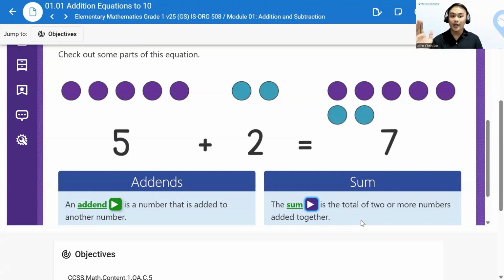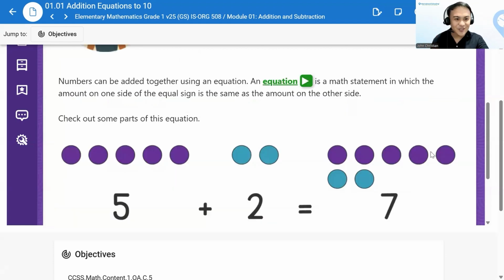How about 1 plus 1? What do we call those two numbers? Is it addends or sum? I'm going to give you 3 seconds. 3, 2, 1, 0. Very good, little mathematicians. 1 and 1 in 1 plus 1 equals 2 are addends. You're doing a great job today, little mathematician.